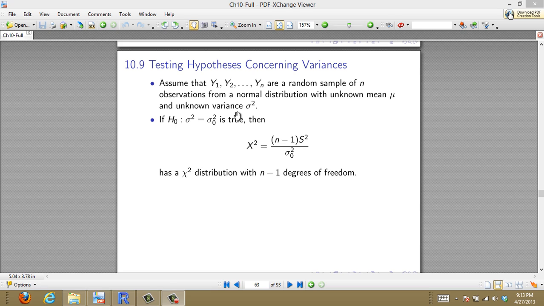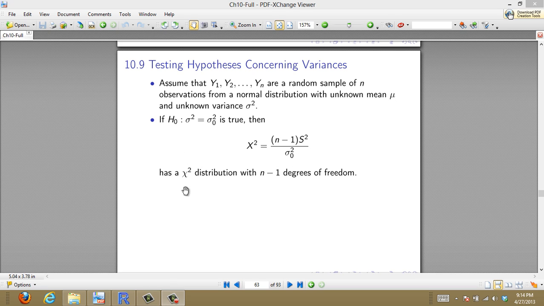Under the assumption that our null hypothesis, sigma squared is equal to some value sigma naught squared, is true, then the statistic chi squared, so this looks like an x squared, but it's actually a chi squared, is equal to n minus 1 times s squared divided by the hypothesized value of the variance in the null hypothesis.